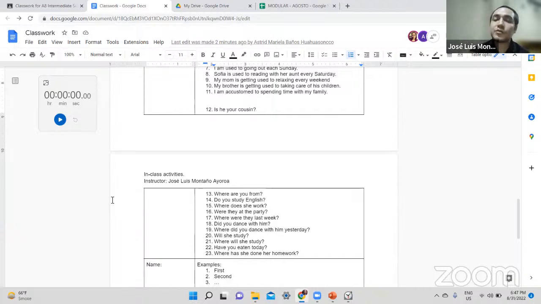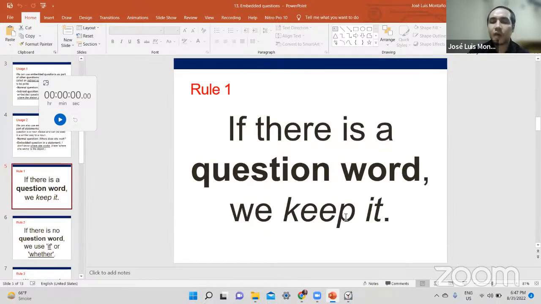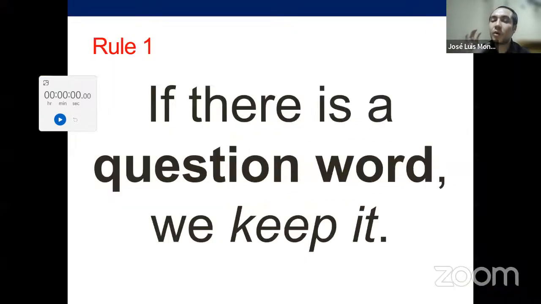So if you have those 12 sentences, then we are going to do this step by step. I know that you know how to do this, but we are going to be sure that you know all the rules. So if there is a question word, keep it. So if I ask you this, Evelyn, what is a question word?